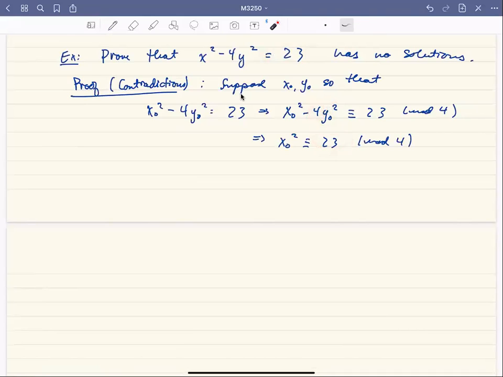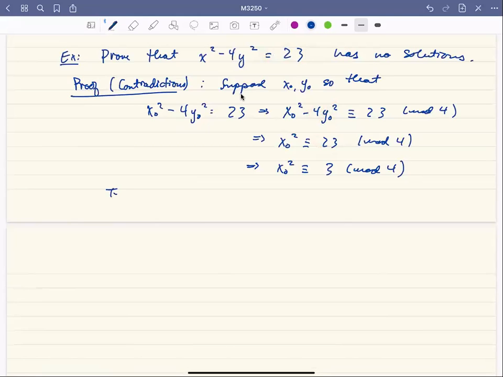Well, 23 is 20, which is a multiple of 4, plus 3. So that actually means that we would have x naught squared is congruent to 3 mod 4. And that can't happen because, as we just said above, all squares are congruent to 0 or 1 mod 4. So x naught squared equals 3 mod 4 can't happen.